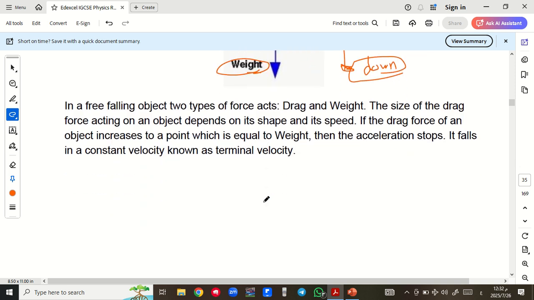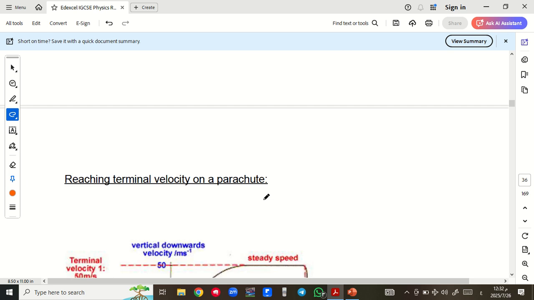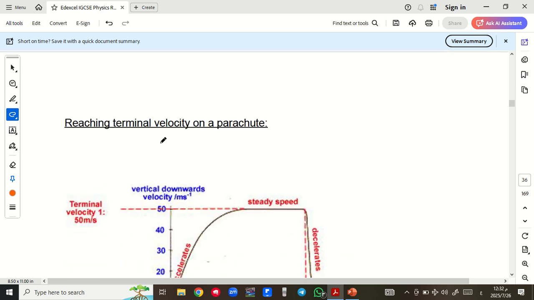We will take one example of free falling. If we have a plane, and a skydiver jumps from the plane.